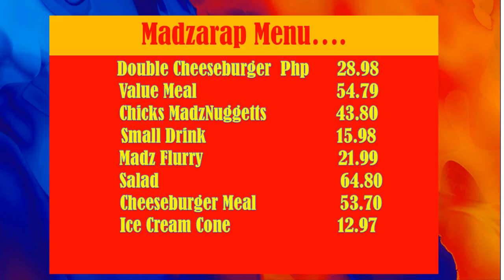So we have a double cheeseburger amounting to 28.98, a value meal of 54.79, and Chick's Mud's nuggets of 43.80.